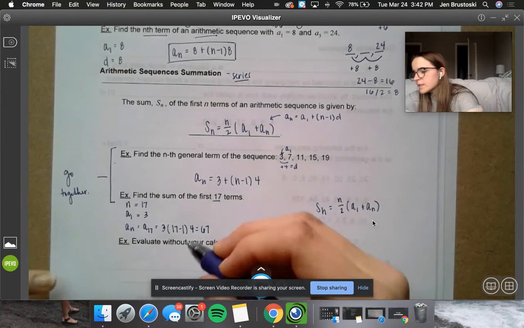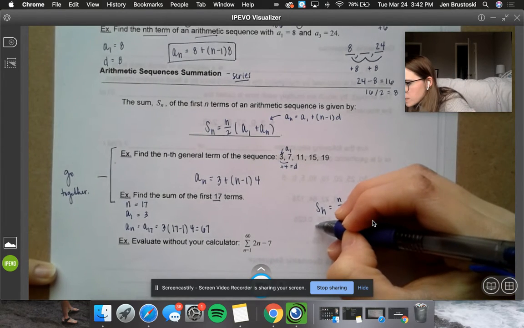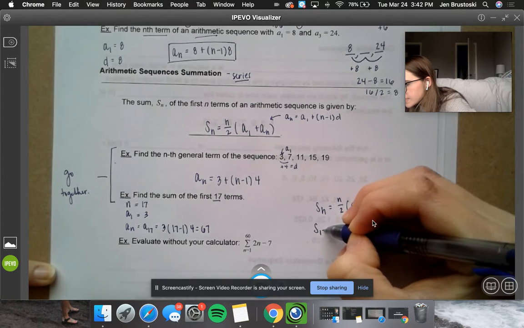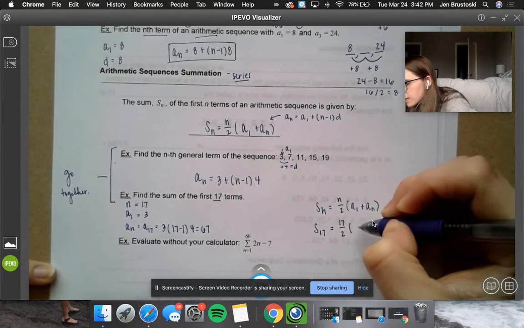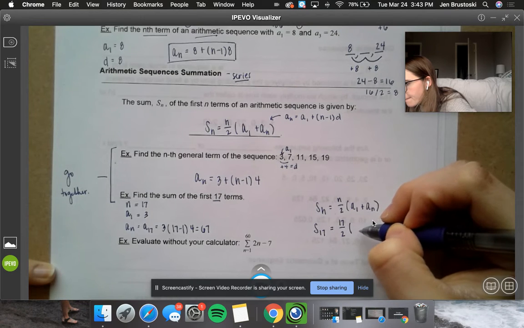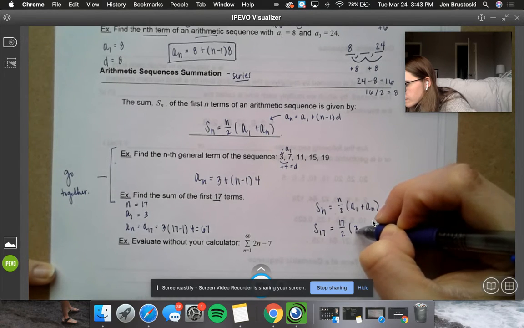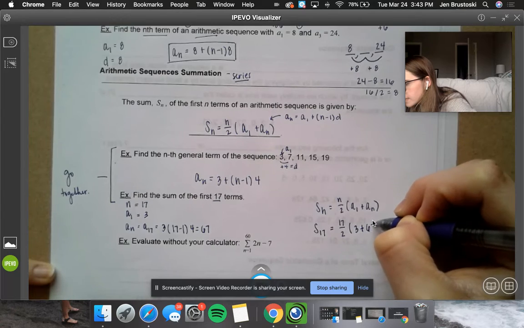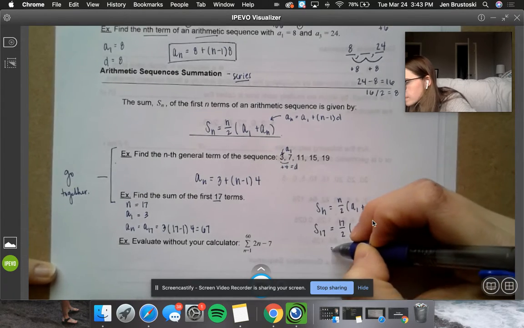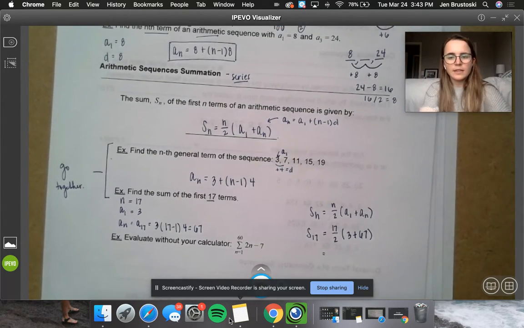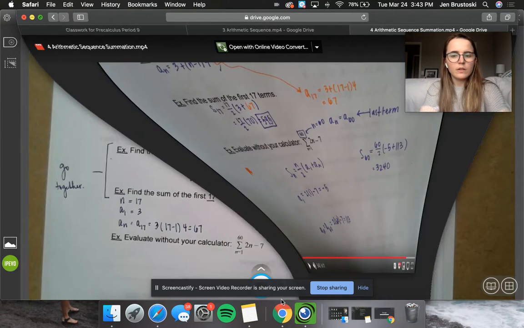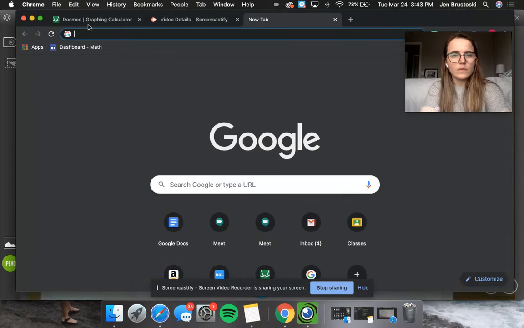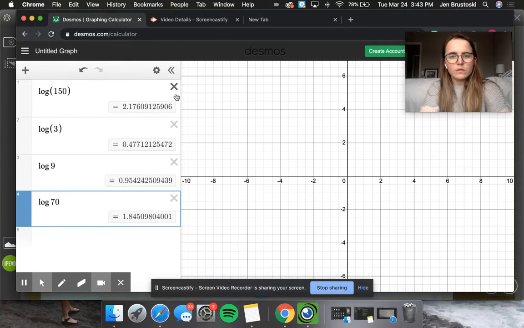So then we'll just plug all this stuff into this equation. So we have S of 17 equals 17 over 2 times 3 plus 67. We'll use Desmos to calculate that out. Here we go.